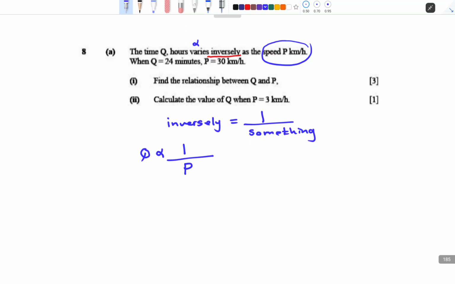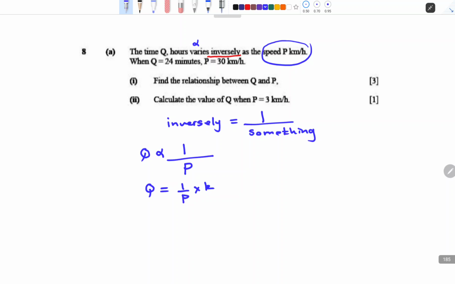Right. So it's now time to introduce the constant of proportionality, which helps you to convert this expression into an equation. So you are going to multiply the right side by K, the constant of proportionality, to convert this expression into an equation. So you are going to write Q is equals to 1 over P times K. I hope you are following, class.